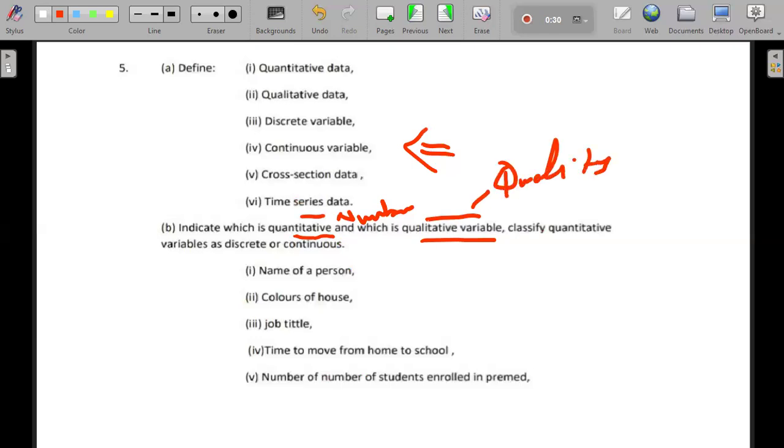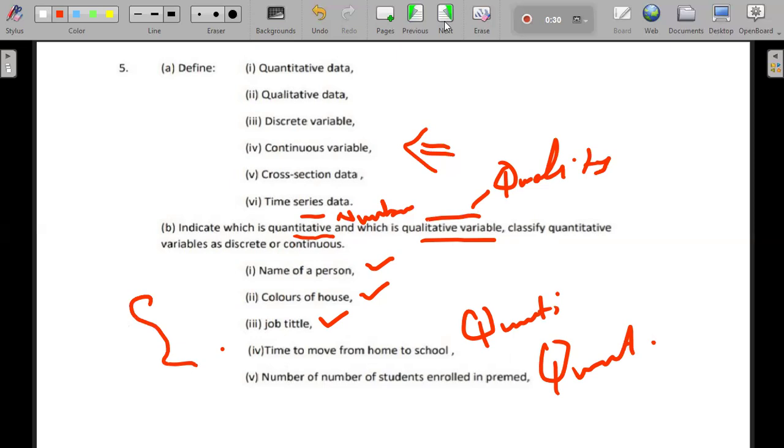So the name of a person is qualitative. Colors of a house, qualitative. Job title, qualitative. Time to move from home to school, quantitative, because there's a number involved. The number of students enrolled in pre-med, quantitative. Such questions are waiting for you, so better be studying, guys.